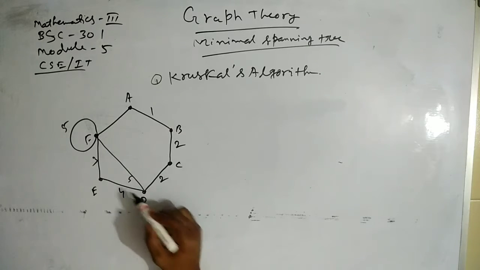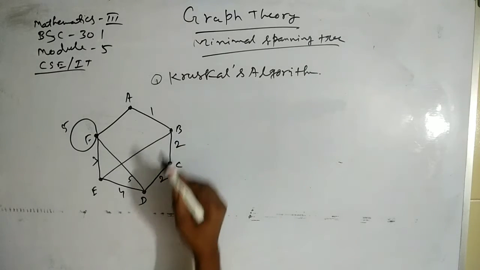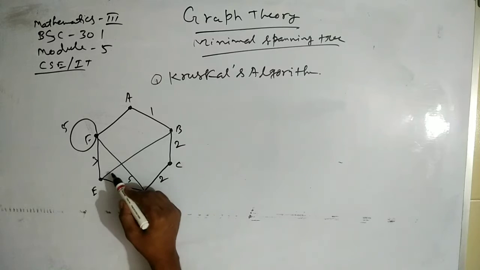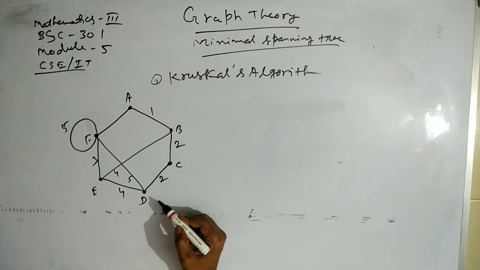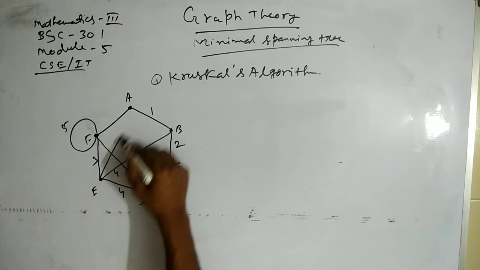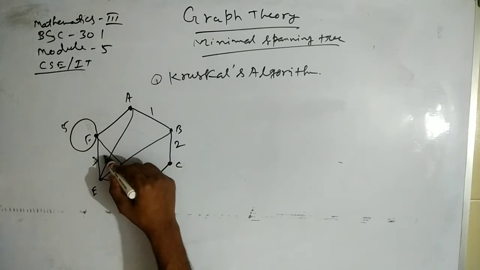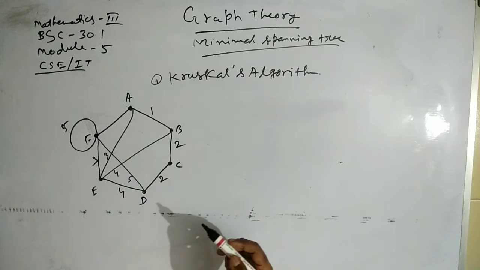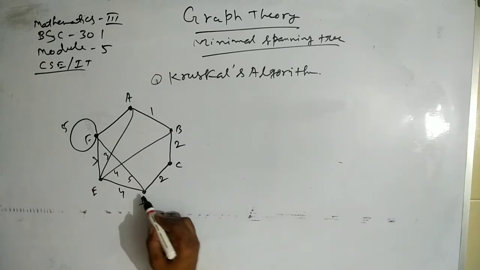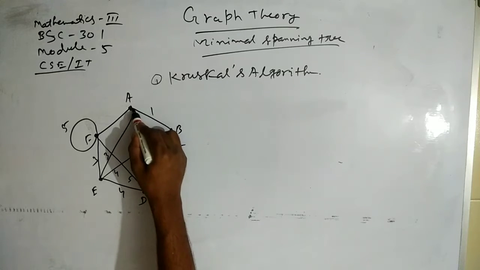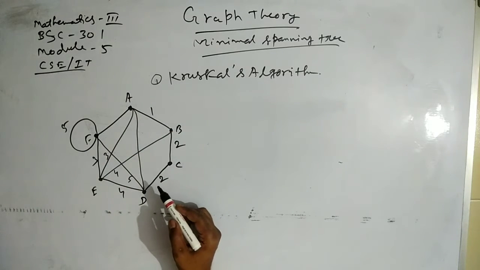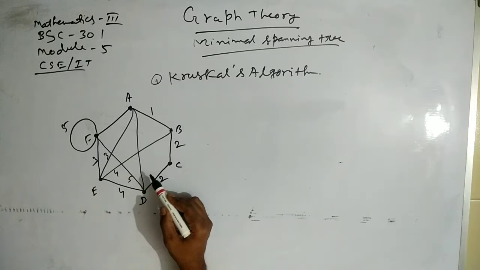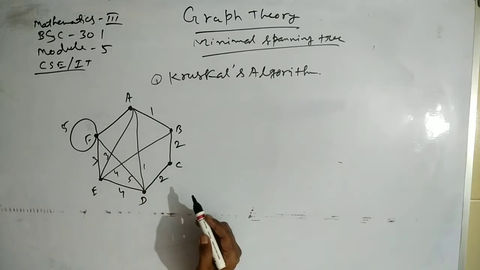Next, EB, the weight of this edge is 4. Next, EA, the weight is 3. Next, DA, the weight is 1. Okay.